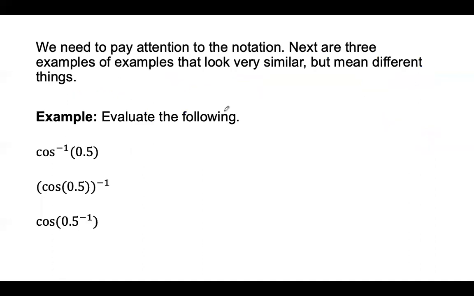Okay, so we need to pay special attention to the notation. The next three examples look very similar. They're actually different. So this is arc cos of 0.5, versus this one, which is going to be 1 divided by cos of 0.5, because it's all raised to the exponent -1.